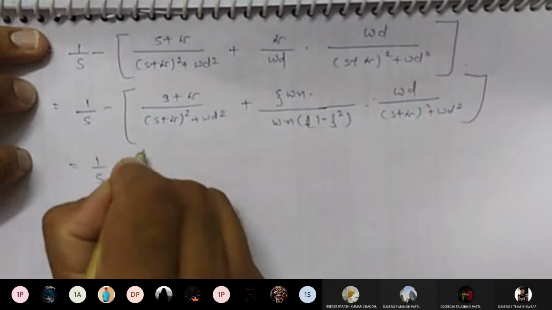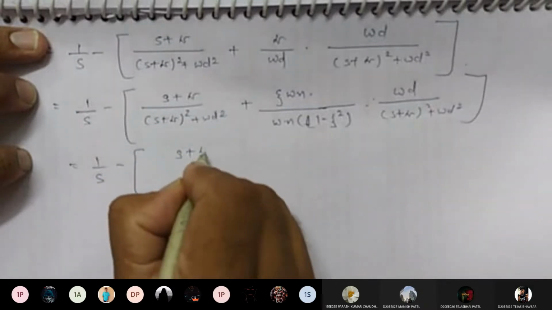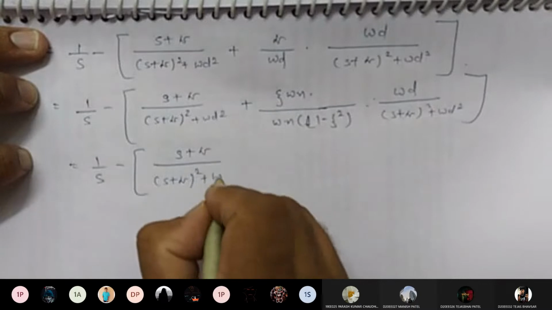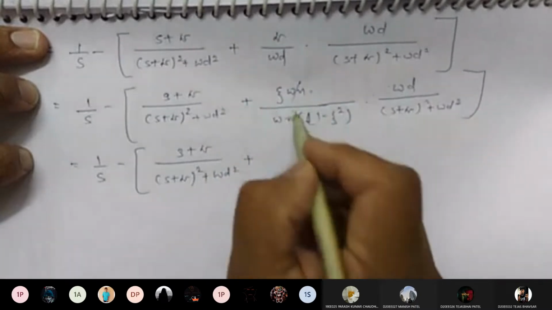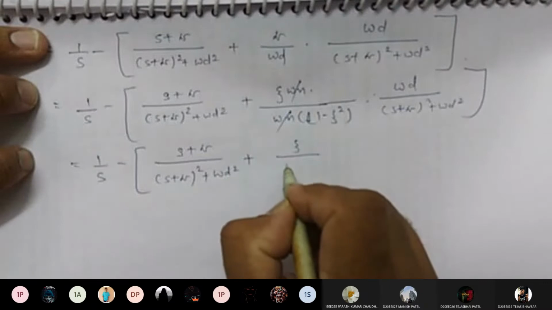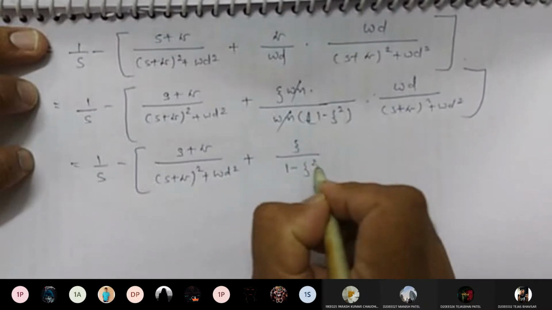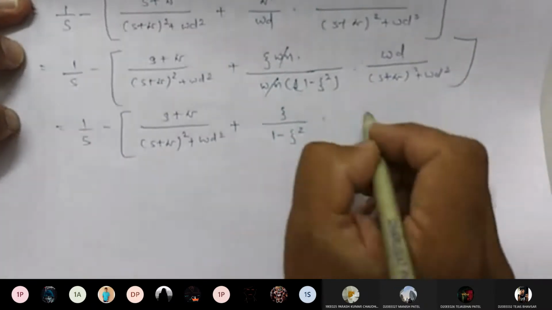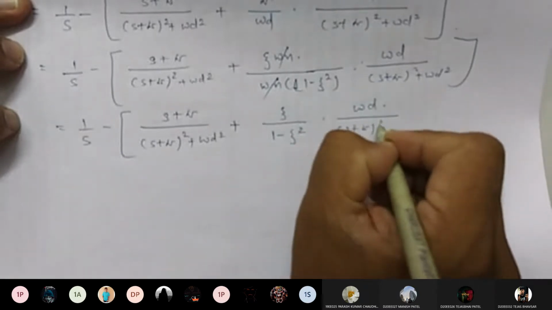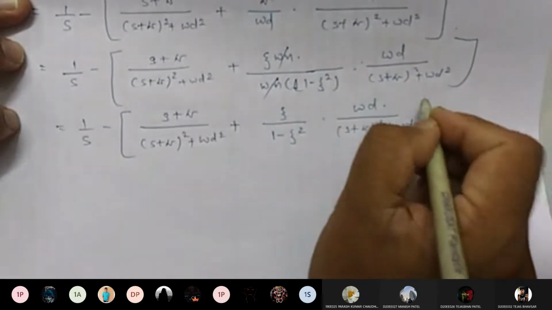Okay, 1 upon s into bracket (s plus alpha) whole square plus omega d square, plus omega n cancels out, zeta upon 1 minus zeta square into omega d upon (s plus alpha) whole square plus omega d square.